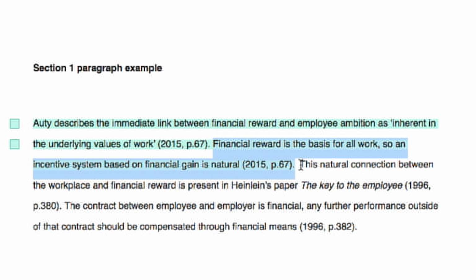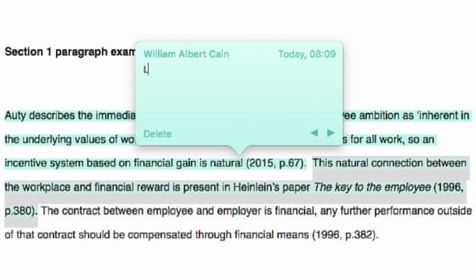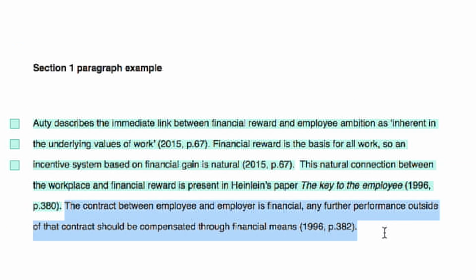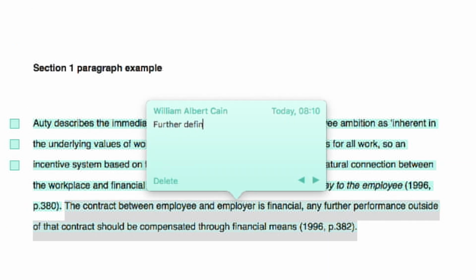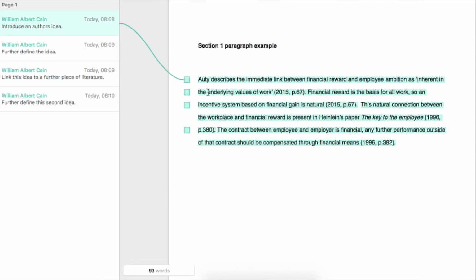We then link this idea to a further piece of literature which is going to build on it. The final sentence defines that second idea further, and through this process we are building up this platform of understanding in the reader's mind.